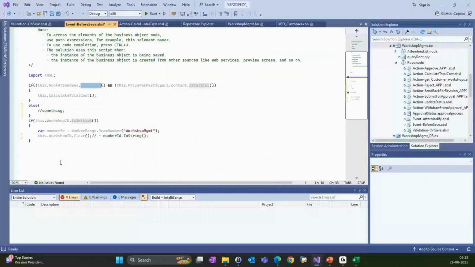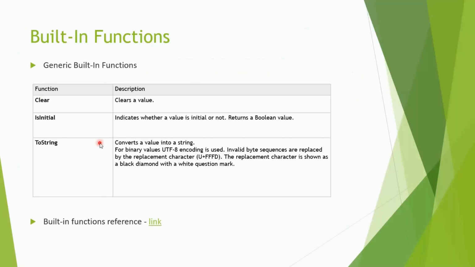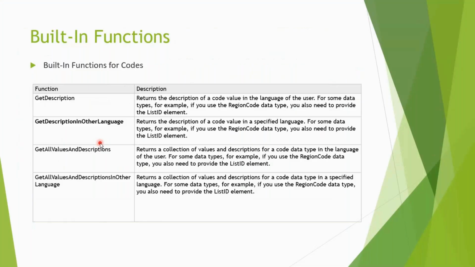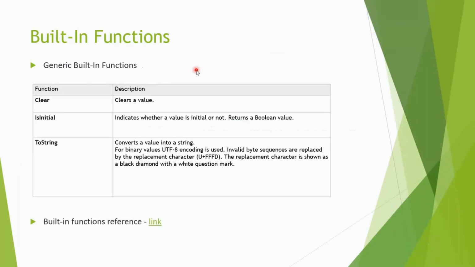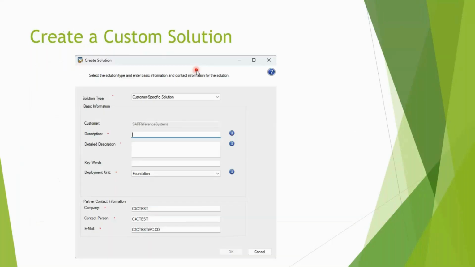Okay. Then what do we have? Yeah, these built-in functions we will go through in the next sessions. So this one would be fine, and then maybe from the next session we will create a custom solution.